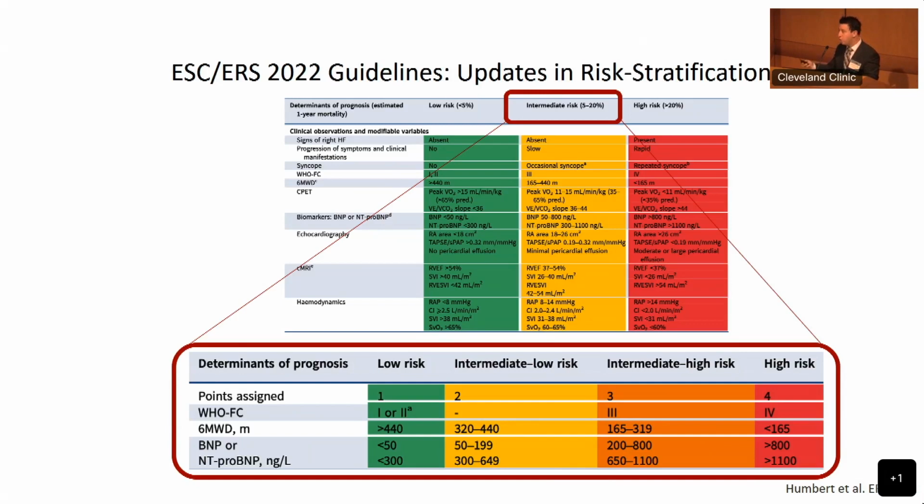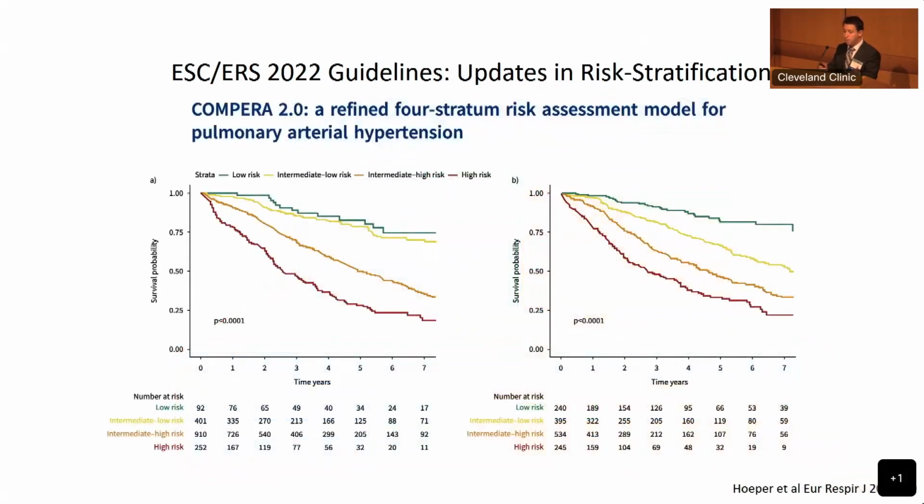And why did they do this? Well, this is based off of studies, one being COMPERA 2.0, which showed that using this refined 4-stratum risk assessment tool had better discrimination at predicting prognosis, specifically within the intermediate group, and with an increased sensitivity at follow-up compared to baseline.